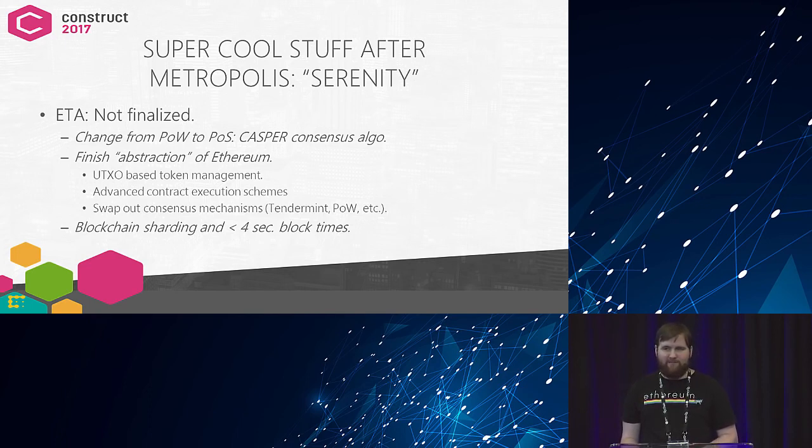And so having this abstraction of the logic layer and the storage layer, you can put UTXO-based token management on the Ethereum blockchain. You can have advanced contract execution schemes, like the ability to have contracts pay for their own transactions, which is a huge step in having smart contracts be more autonomous and not have to be activated by outside influence necessarily.